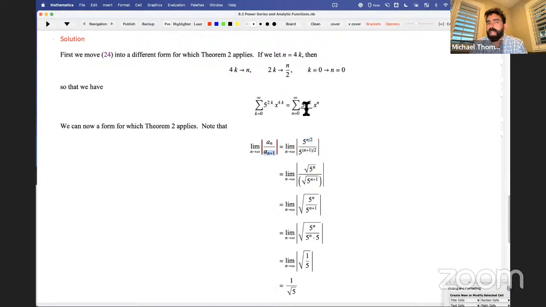Just replace the n with an n plus 1. All right, now all you have to do is massage this thing a little bit, see if you can figure out the limit. So first of all, when you have an exponent with a 1/2 up there, that's really taking a square root. So the top looks like that. Is that okay? The bottom looks like that. Is that okay?